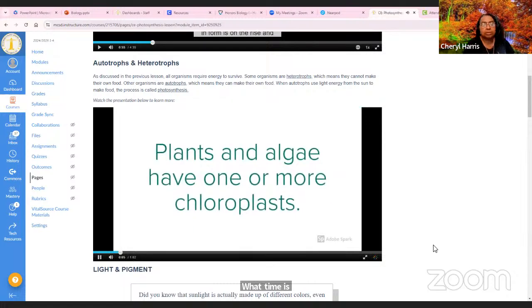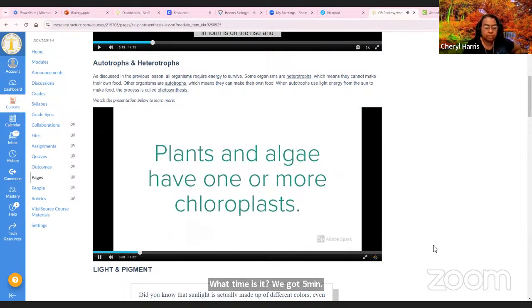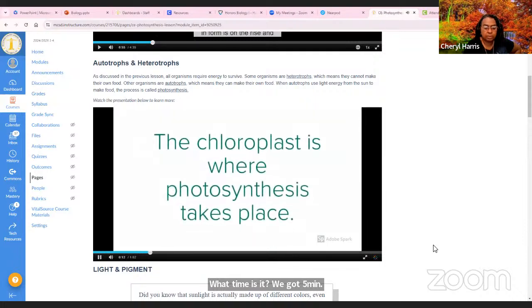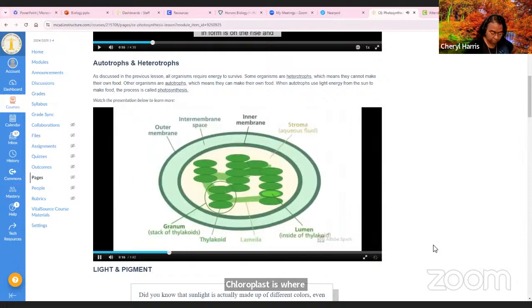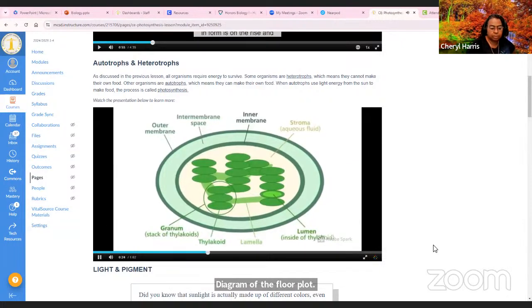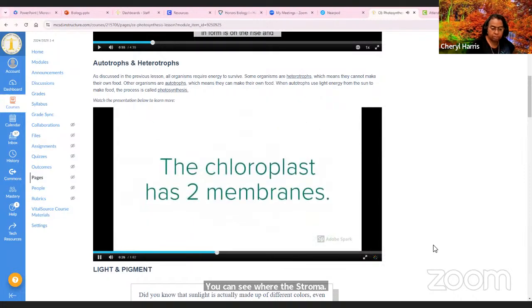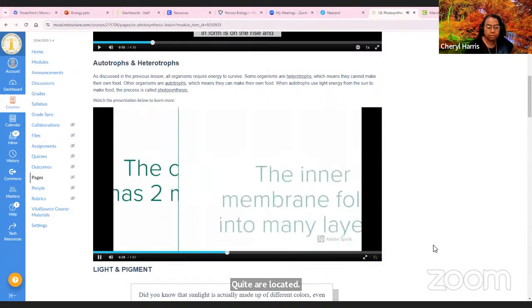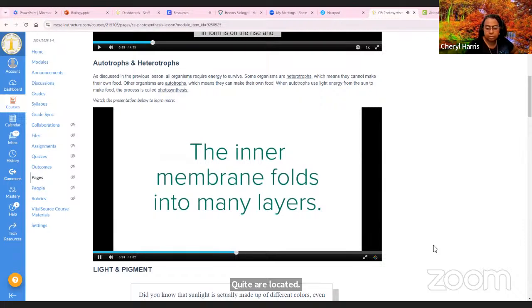The importance of chloroplasts. Trees and algae have one or more chloroplasts. The chloroplast is where photosynthesis takes place. Here is a diagram of the chloroplast, you can see where the stroma, granum, and thylakoid are located. The chloroplast has two membranes. The inner membrane folds into many layers.